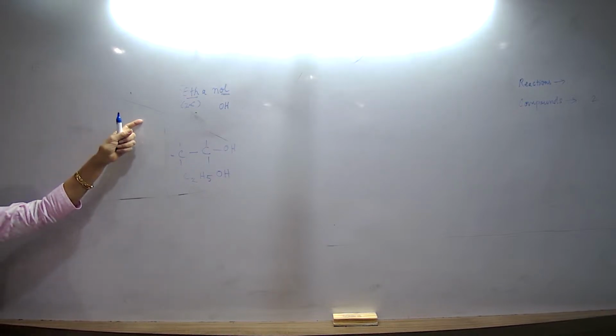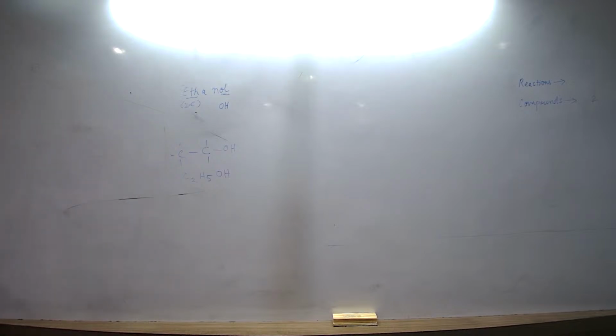You have already come across ethanol in your bio classes, in the breakdown of glucose in the absence of oxygen. So when we are talking about the process of fermentation, it leads to the formation of ethyl alcohol.